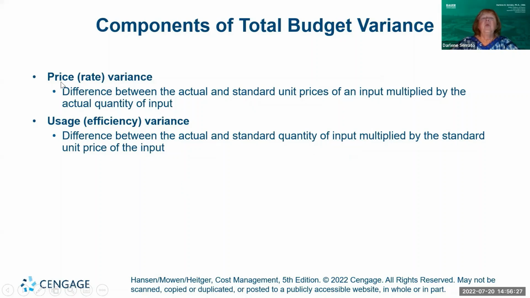So the price rate variance explains how much of the total variance is due to the prices paid for the inputs. For the usage or efficiency variance, how much of that total variance is due to the usage of the input, or how efficiently we are using that input.